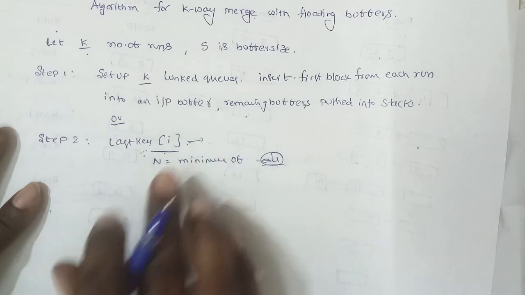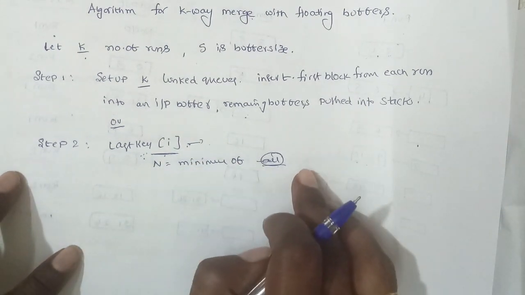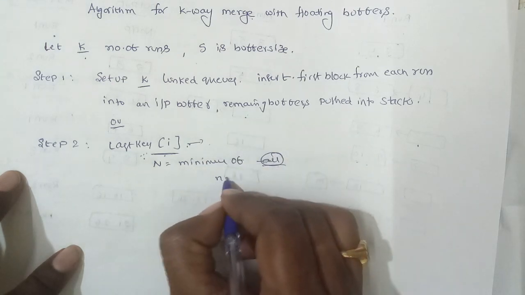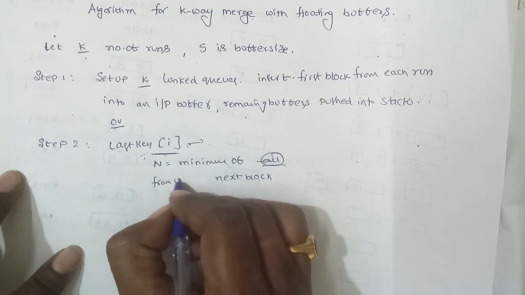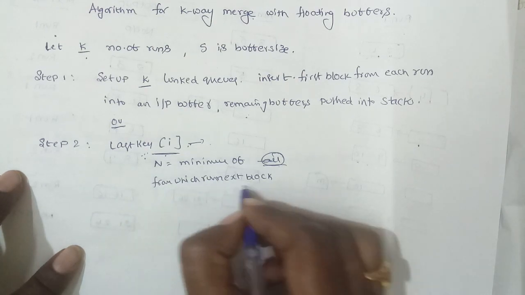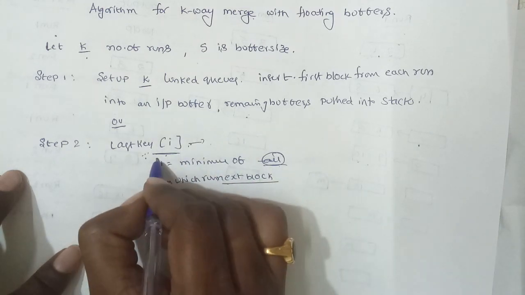Theoretically, n specifies the next block, that is, from which run you have to read the next block. We have to identify that.